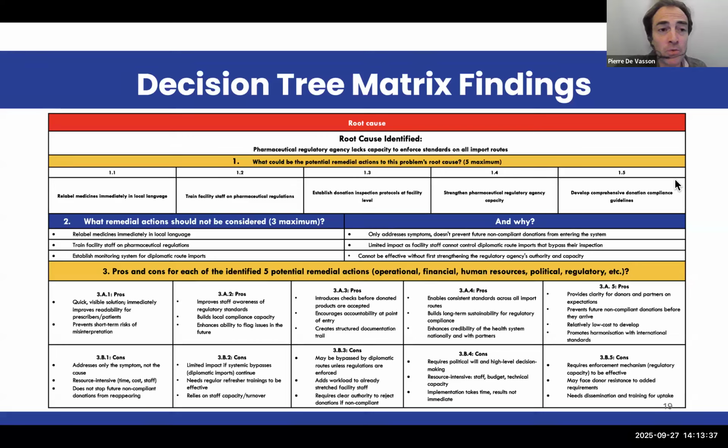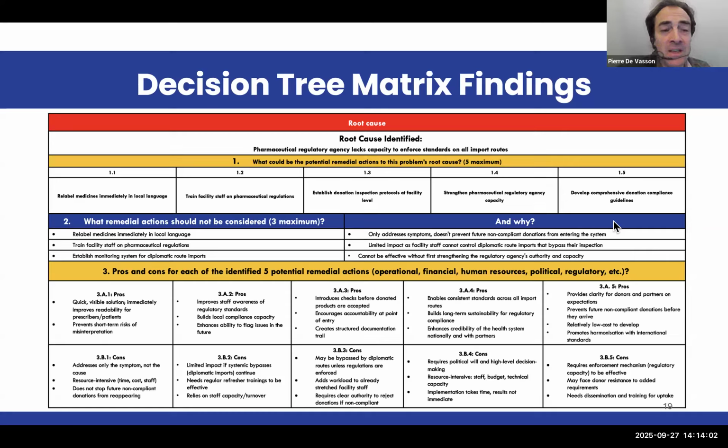Some of them have pros, some of them have cons. And a decision tree, that's something we present in the course, is a one pager where you discuss and weigh the pros and cons of different remedial actions.